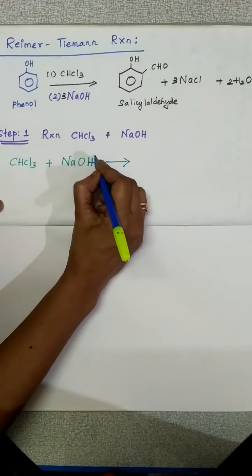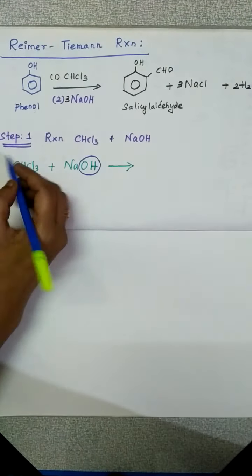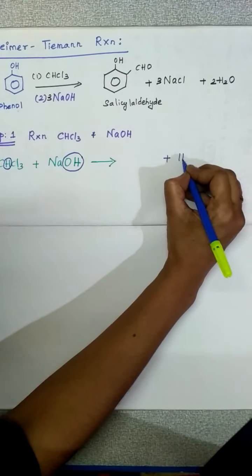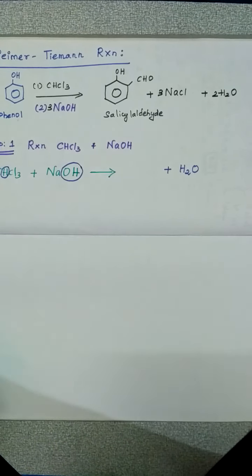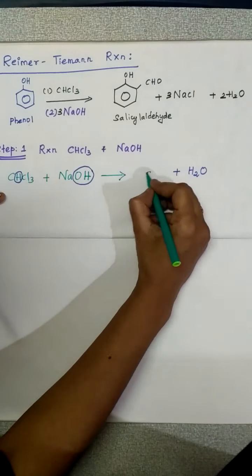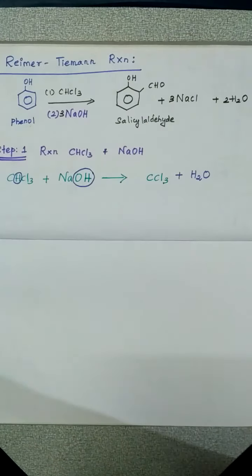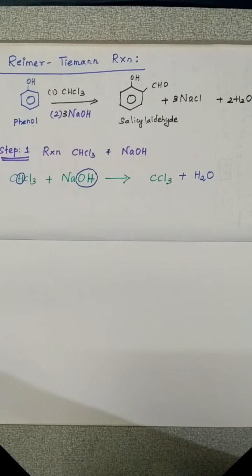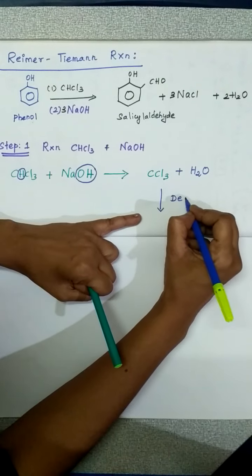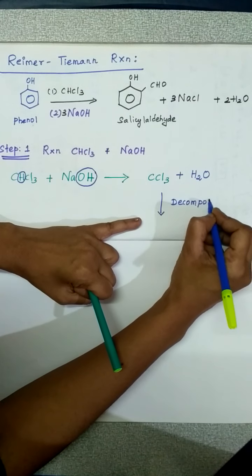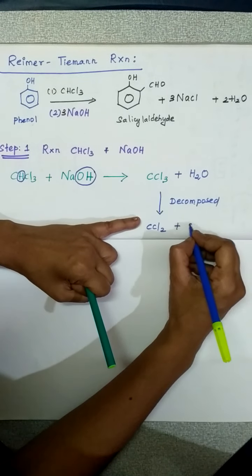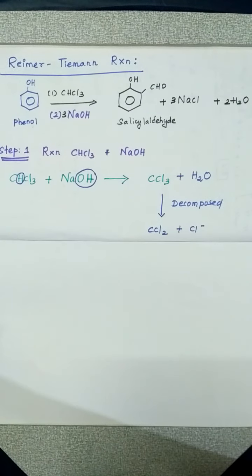This OH combines with this H and gets removed as water, and the remaining product will be CCl3 minus, and this CCl3 minus will decompose into CCl2 and Cl minus.